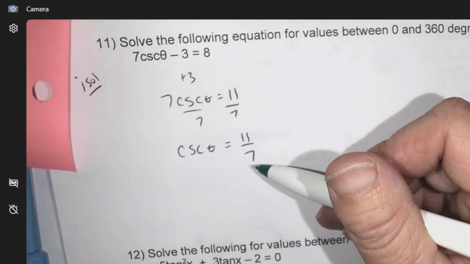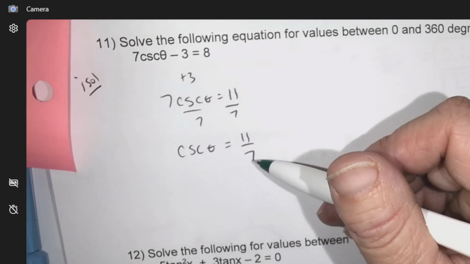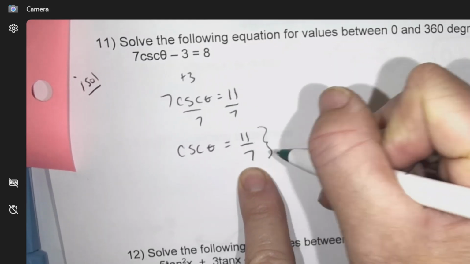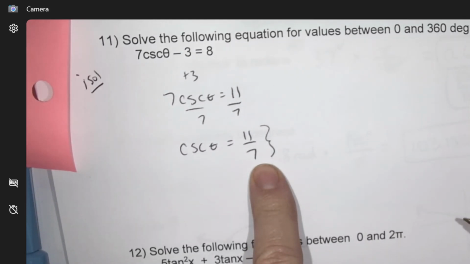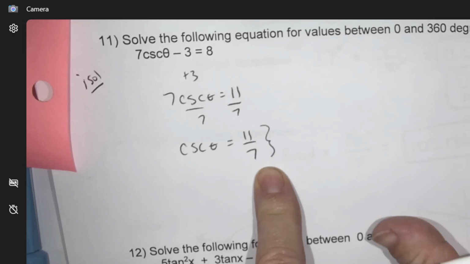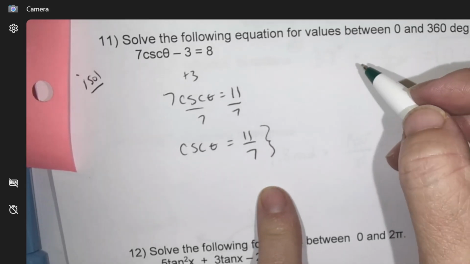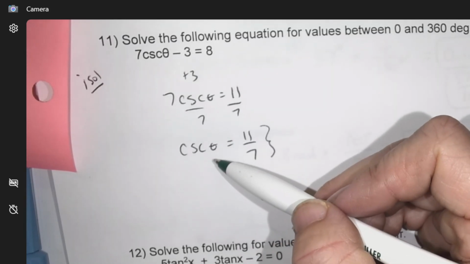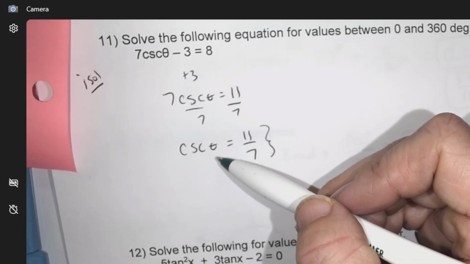Okay, so remember right now that you did not solve for an angle. This is solving for a trig value. That's not the solution. So now, do you recognize anything with the use of the unit circle? No. So we're going to have to figure out quadrant stuff. Okay, I don't work with cosecant, so I'm going to change it. Which one do I change it to?